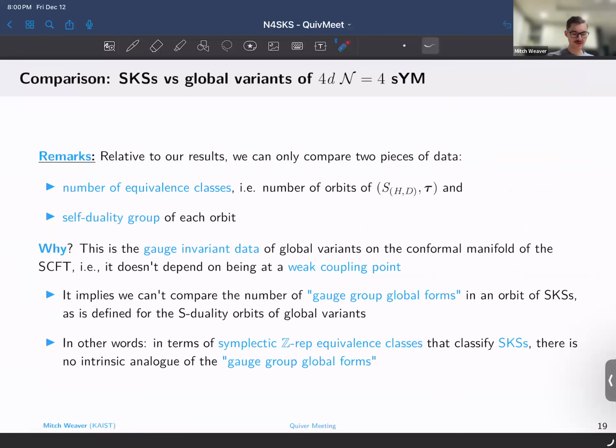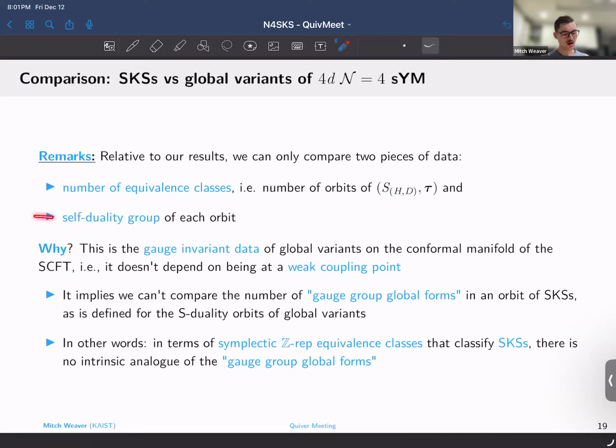So first, before I go through the comparison, let me make two targeted remarks. First, relative to our special Kahler classification results, we can really only compare two pieces of data with this data. We can compare the number of equivalence classes, i.e. the number of S-duality orbits of global variants, or the number of EM duality orbits of Z-reps.